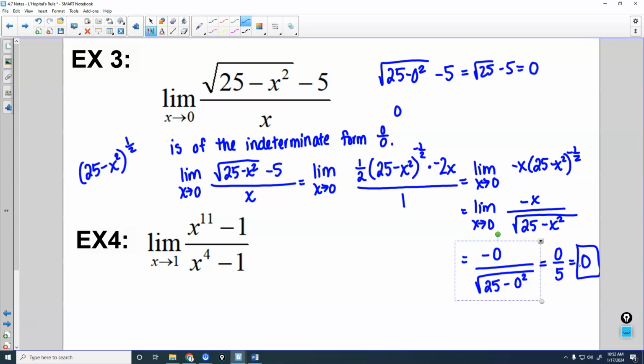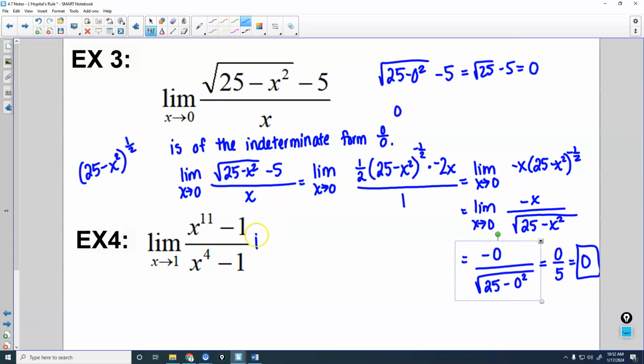Okay. So if we look at number 4, I've got the limit as x approaches 1 of x to the 11th minus 1 over x to the 4th minus 1. If I plug in 1, I will get 1 to the 11th, which is 1, minus 1, 0, right? And 1 to the 4th, which is 1, minus 1, which is 0. So this is going to give you 0 over 0. That one's a pretty simple plug-in in your head kind of problem.